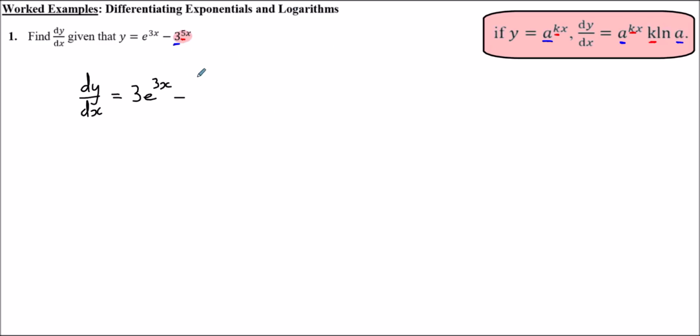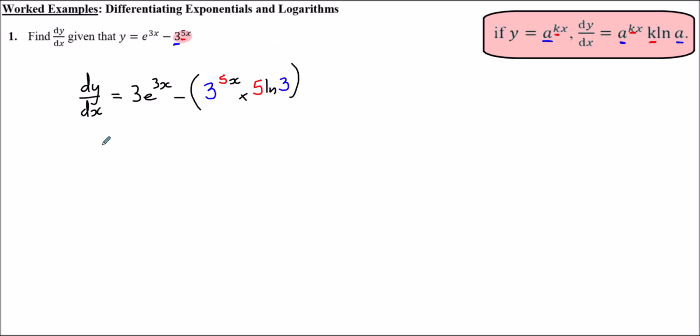So this becomes minus 3 to the 5x multiplied by k, which is 5 ln 3.